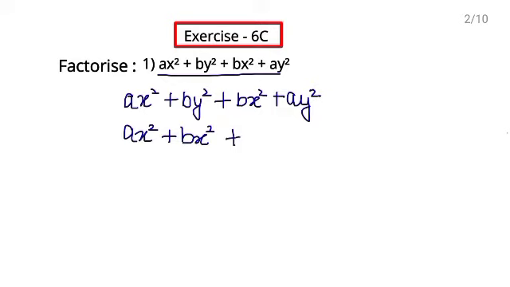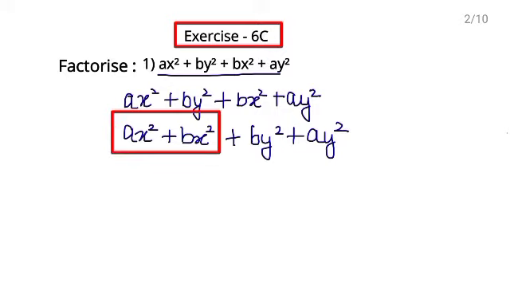Plus now keep the remaining terms together. And these two terms have y square common. So write it here: by square plus ay square. Now from the first two terms take x square common. So write here x square.